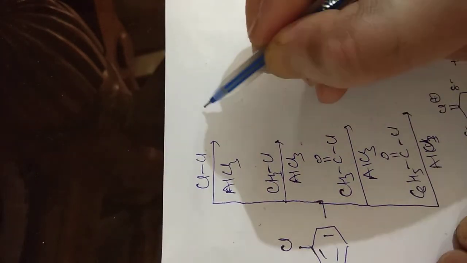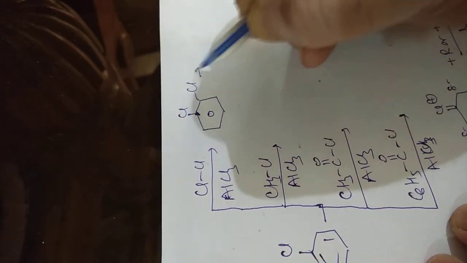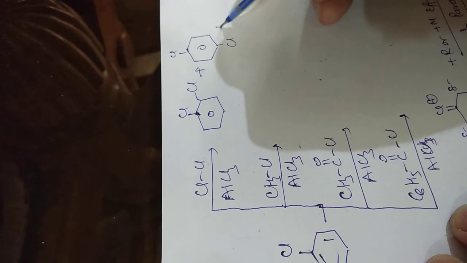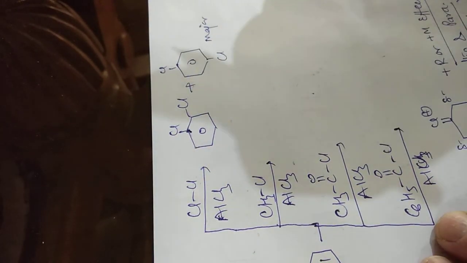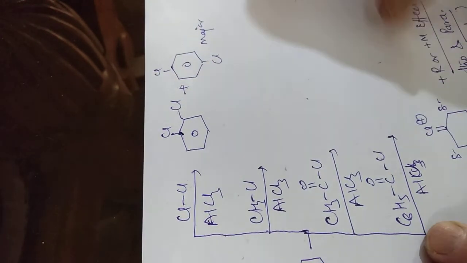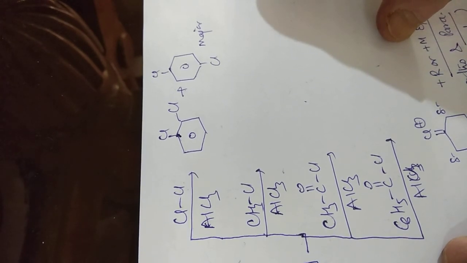In chlorobenzene what will happen? Chloronium ion will be the electrophile and it will go at ortho and para. Para will be major always if the condition is that intramolecular hydrogen bonding should not take place. So here there is no possibility of intramolecular hydrogen bonding in Friedel-Crafts anytime. So always the para will be the major one.